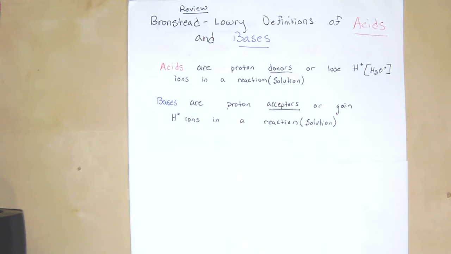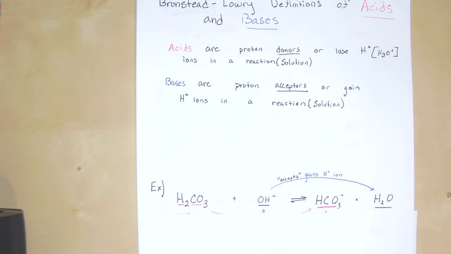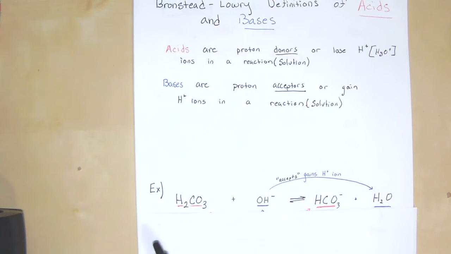So let's take a look here. We'll keep these in mind, and we'll move it up just a little bit. In this chemical equation, we have H2CO3 plus hydroxide, and it reaches equilibrium in solution and results in HCO3 minus plus water.